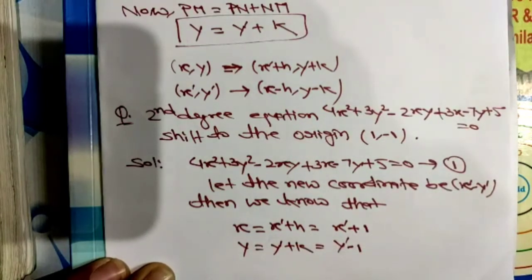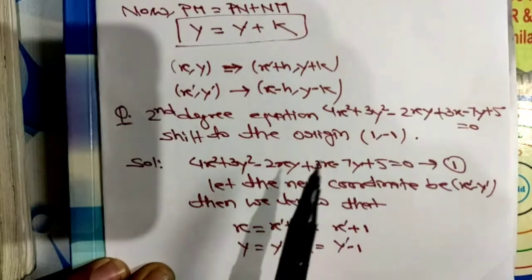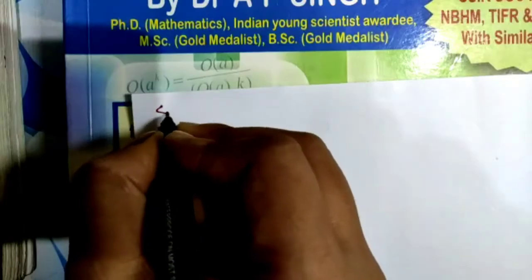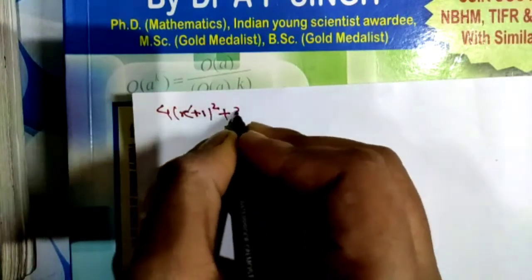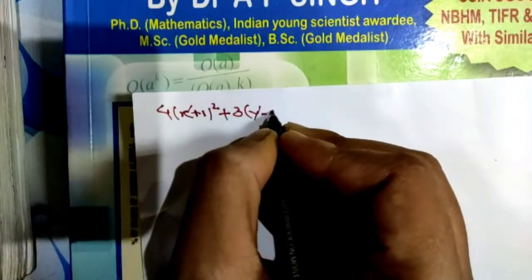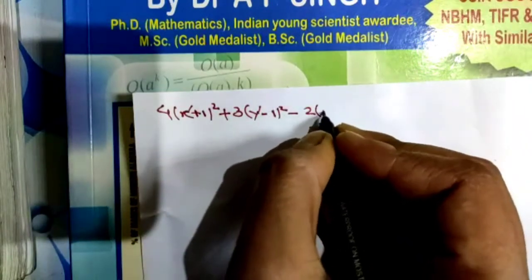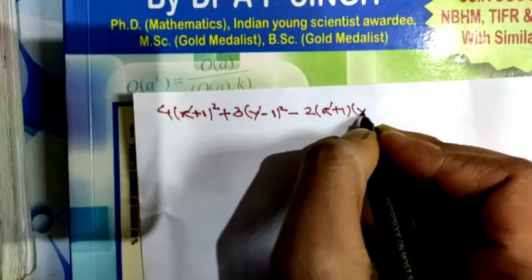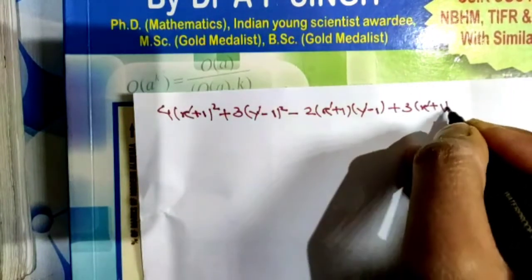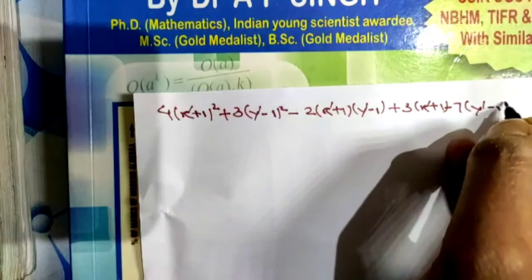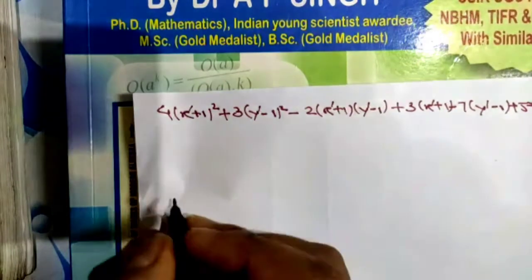The equation of second degree according to the new origin. After putting it in: 4 times (x dash plus 1) whole square plus 3 times (y dash minus 1) whole square minus 2 times (x dash plus 1)(y dash minus 1) plus 3 times (x dash plus 1) minus 7 times (y dash minus 1) plus 5 is equal to 0.